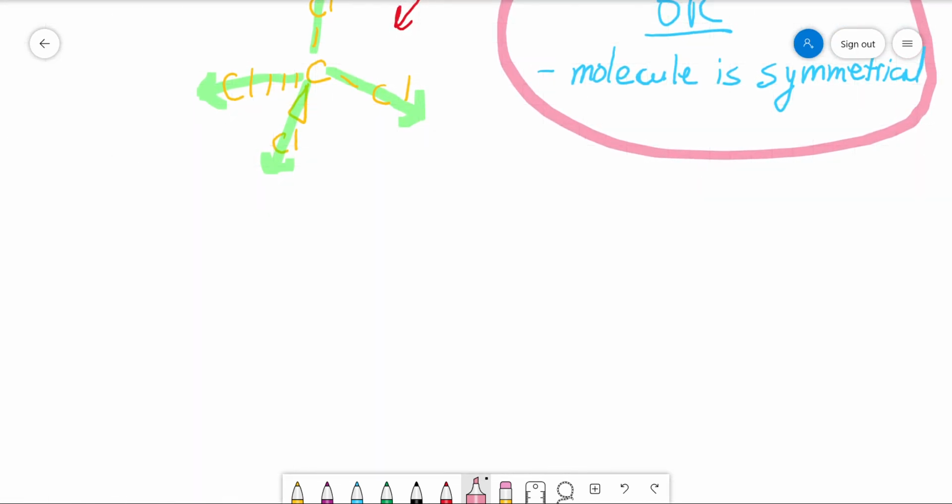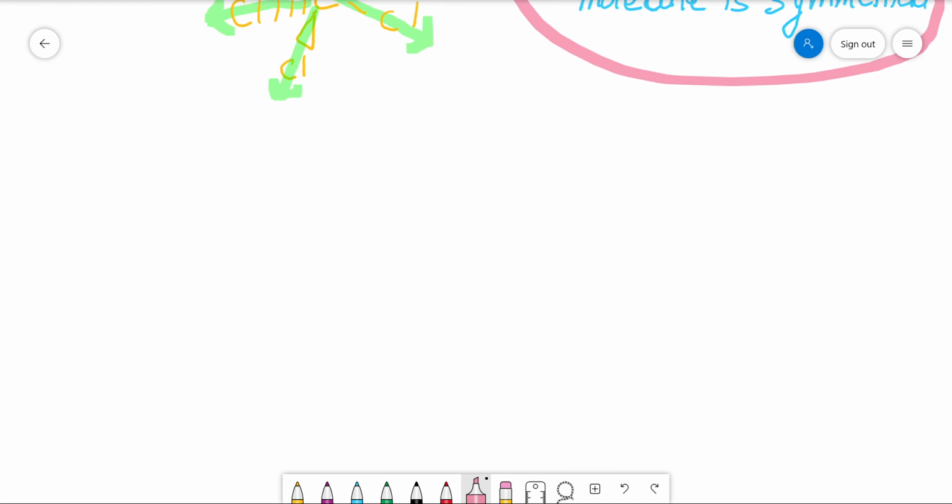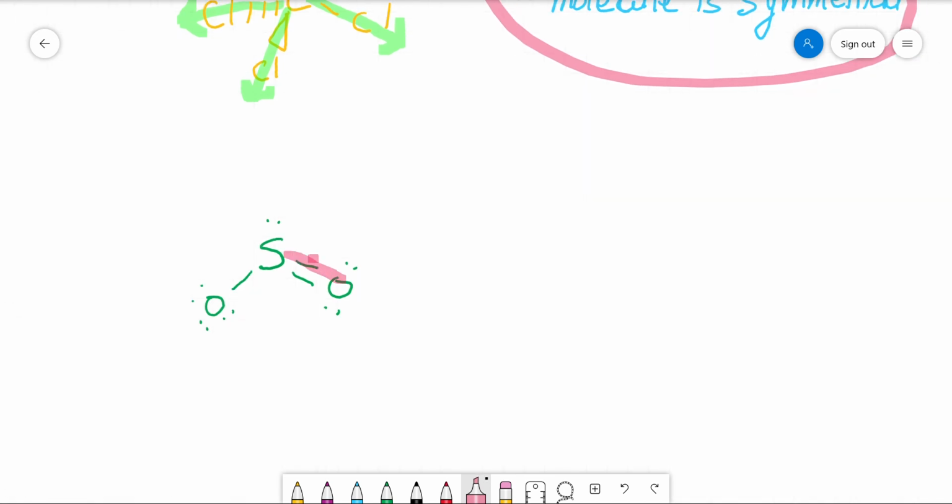Okay? Let's look at a polar molecule really quickly. Something like SO2. Now if we look here, the electrons are being pulled in this direction and in this direction with nothing to oppose them up here.